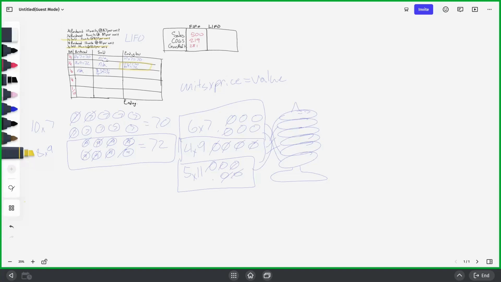We pulled this, and we made it physical. Then when this guy comes up and says, hey, I want 11 units, we have to figure out what units we're going to give them. Since this is LIFO, we need to pull the ones that we bought the soonest.